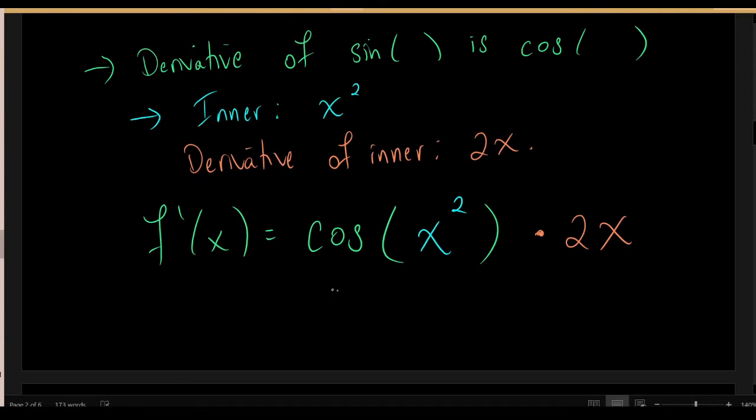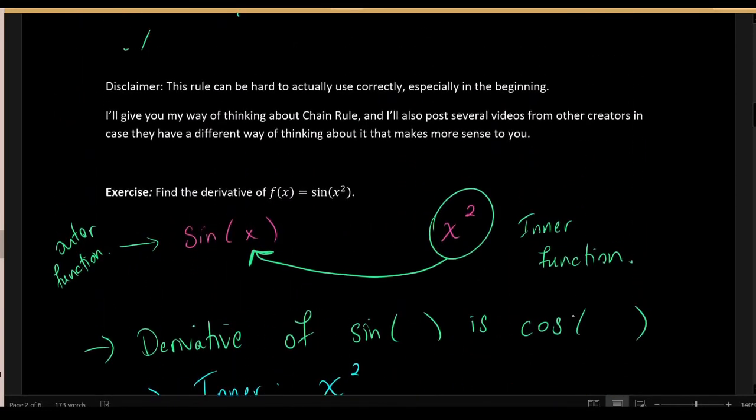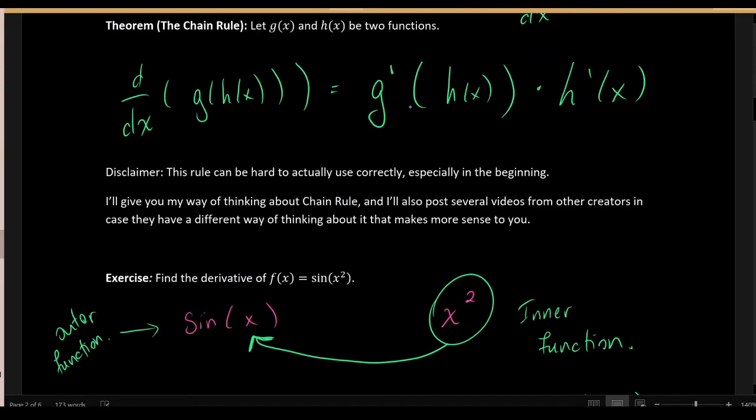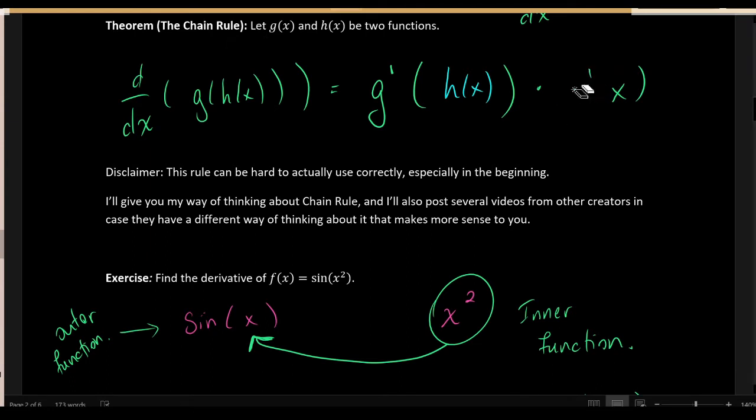Now, just in case you're curious how this compares to the result which is given in the rule, the g prime with these parentheses, that is the derivative of the outer function. The h of x is the inner function, and the h prime of x is the derivative of the inner function.